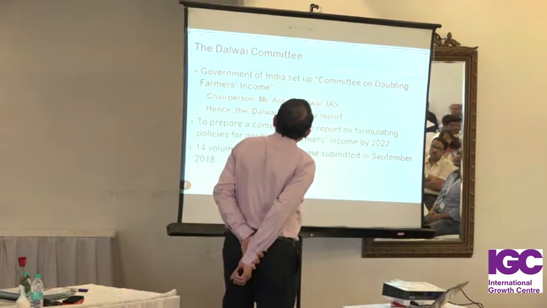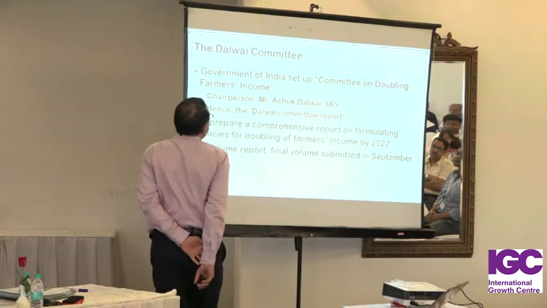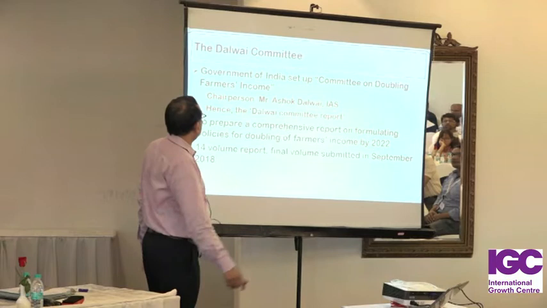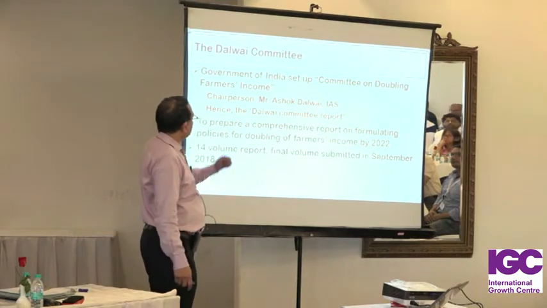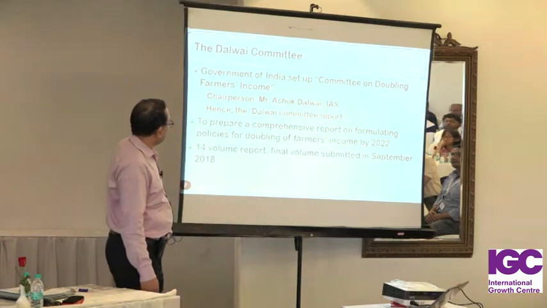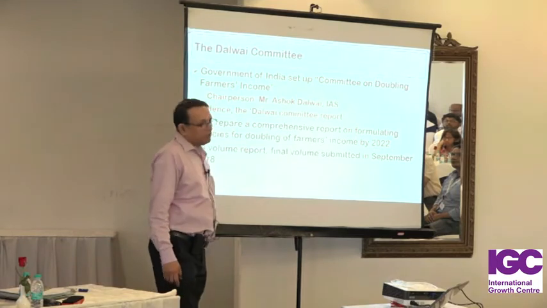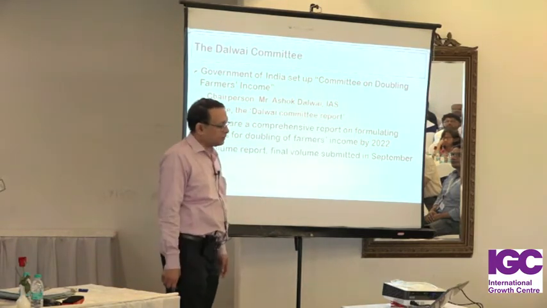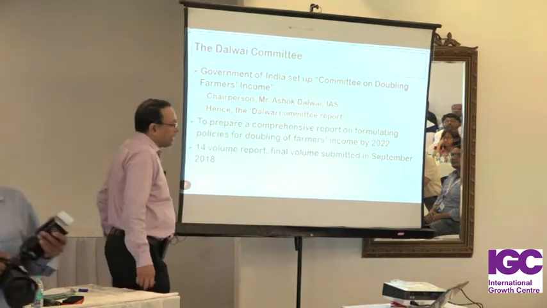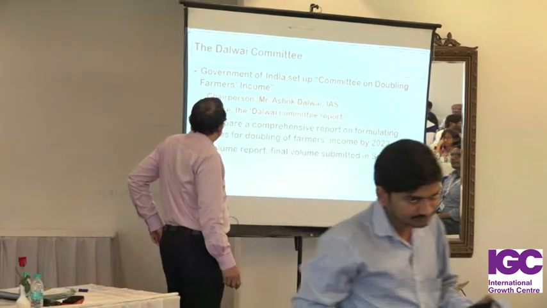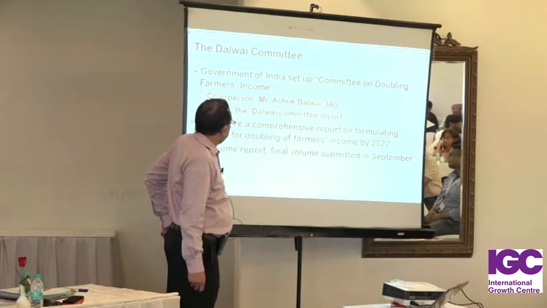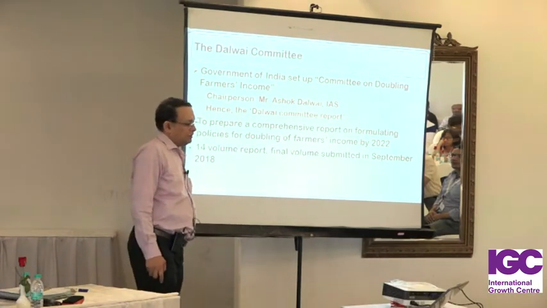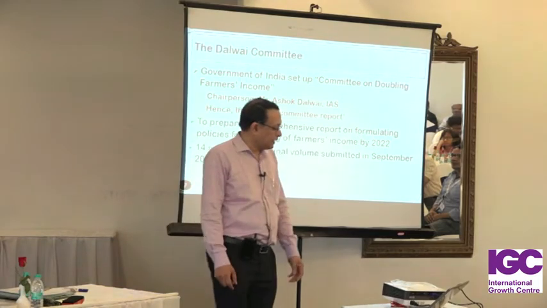Now, in the meanwhile, the government also, of course, sets up committees, right? So they set up a committee to look at this question on doubling farmers' income. It's popularly called the Dalwai Committee report, named after the chairman, Ashok Dalwai. The basic idea was to prepare a comprehensive report for formulating policies on doubling farmers' income.